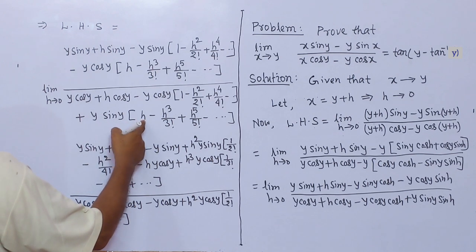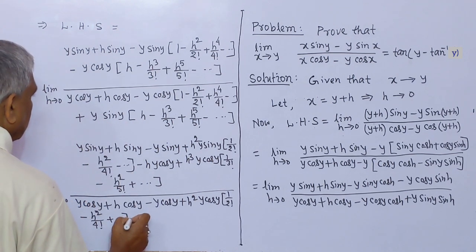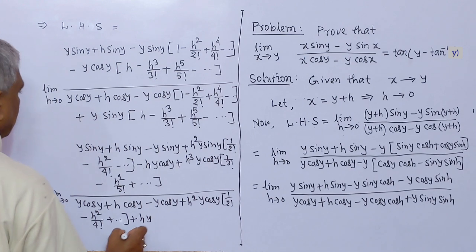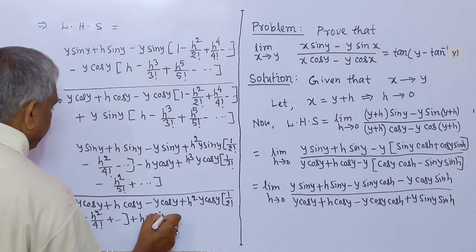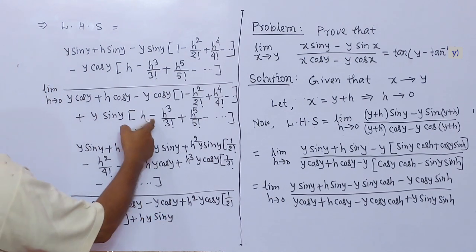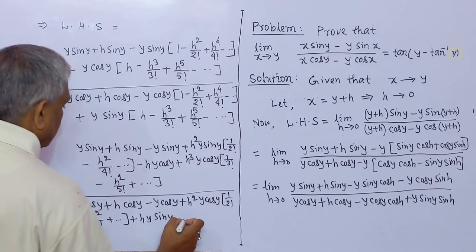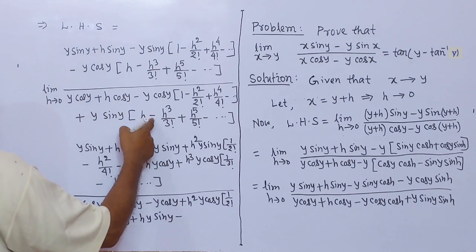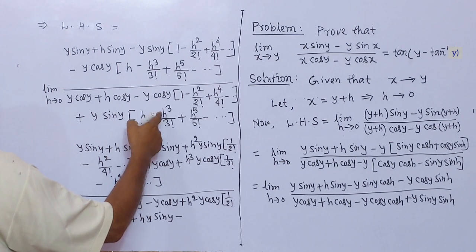Here h plus h y sin y minus, here plus here minus, so minus, we take common h cube.